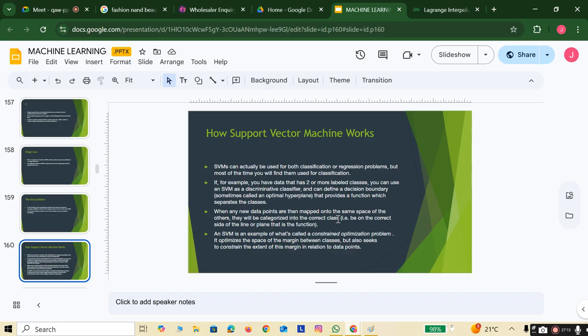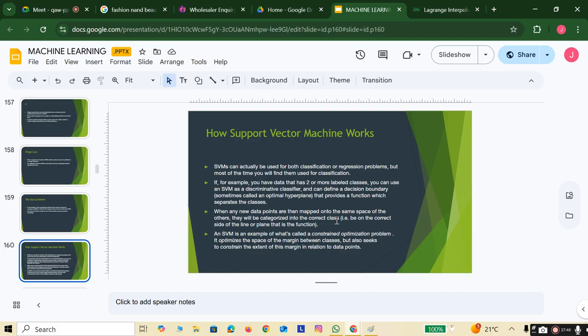Okay, so let's now see how this support vector machine works. Number one, support vector machines can be used for both classification and regression problems. If, for example, you have data that has two or more labeled classes, you can use a support vector machine as a discriminative classifier and define a decision boundary, sometimes called an optimal hyperplane, that provides a function which separates the classes.